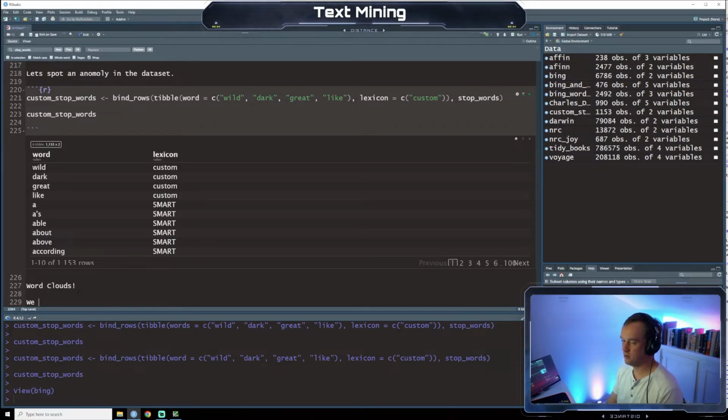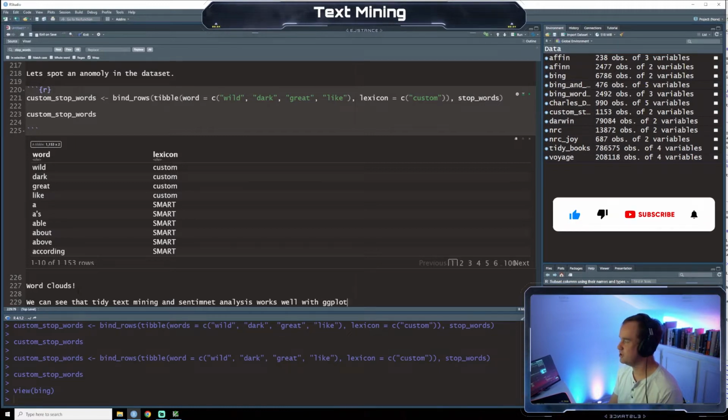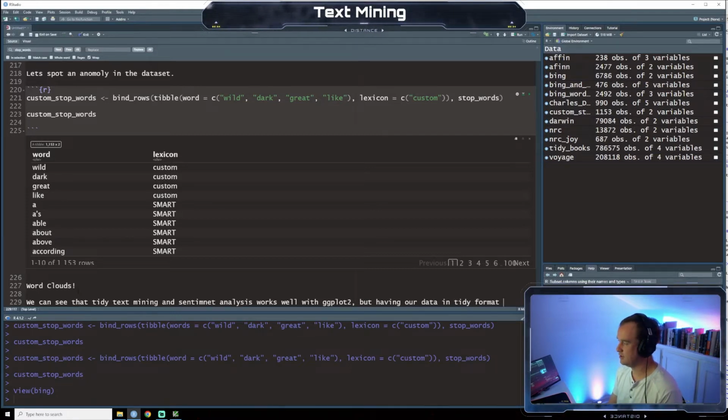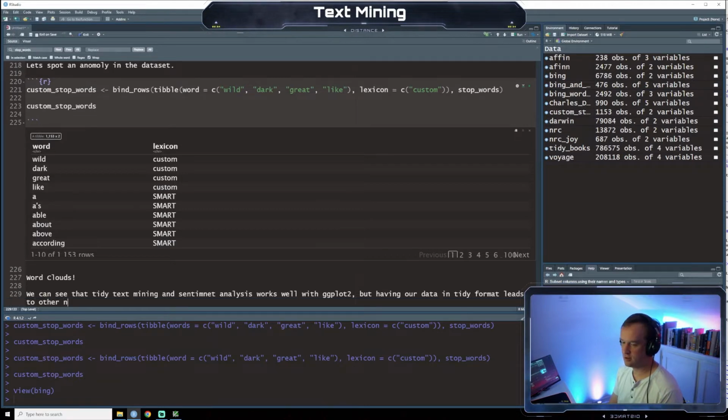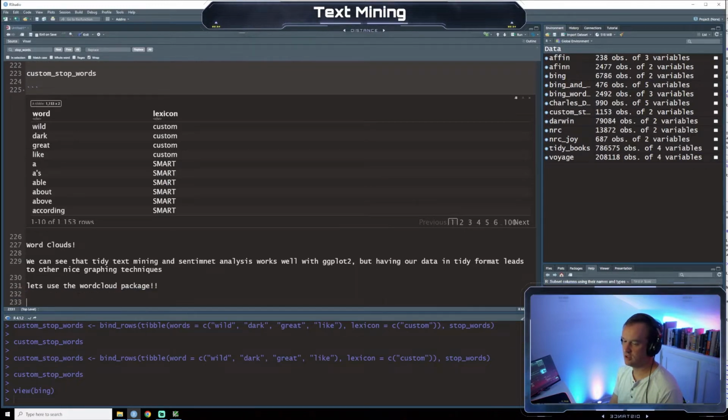You can see that tidy text mining and sentiment analysis works well with ggplot2, but having our data in tidy format leads to other nice graphing techniques. Let's use the wordcloud package.